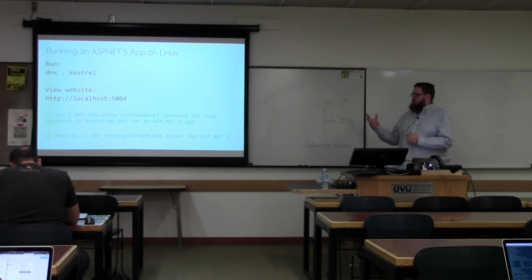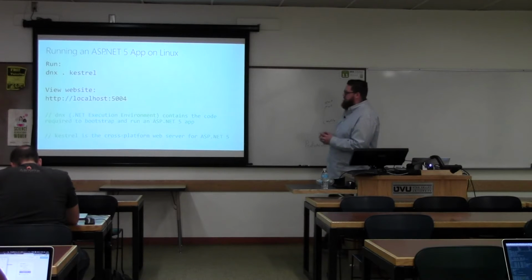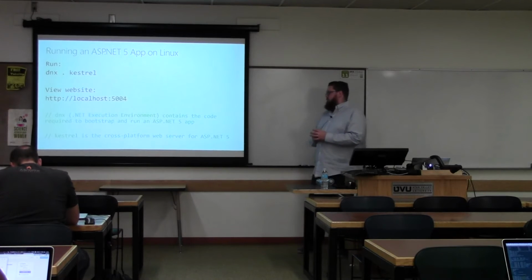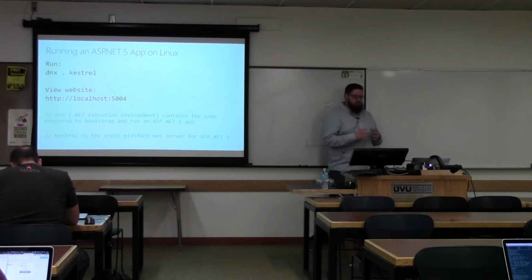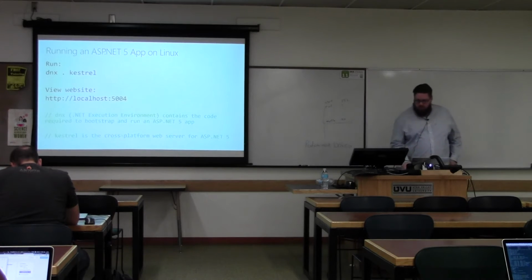They built this Kestrel. I'm not certain why they didn't go with other opportunities, Apache or whatnot. But I think just to keep all their code in-house, they went with this to make it easier for them. But it can run alongside IIS in Windows if you do Windows development.